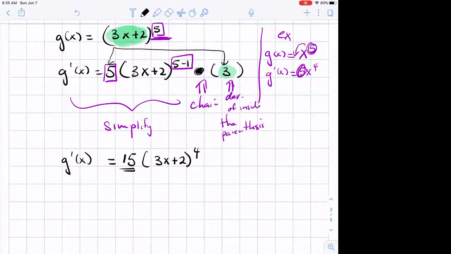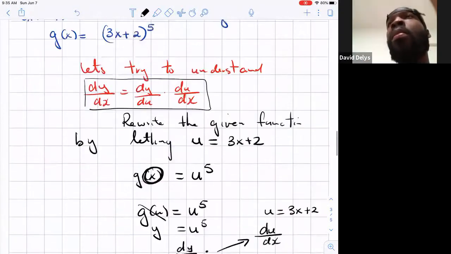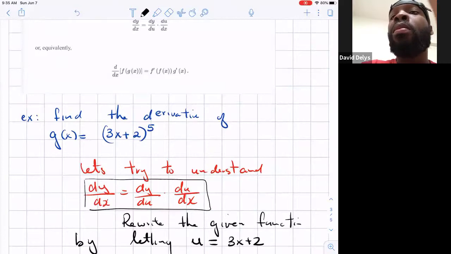So you can see that this formula can be simplified from what we have here.